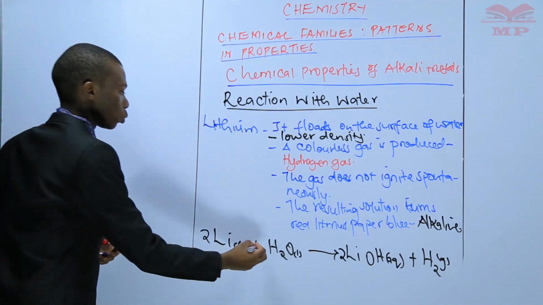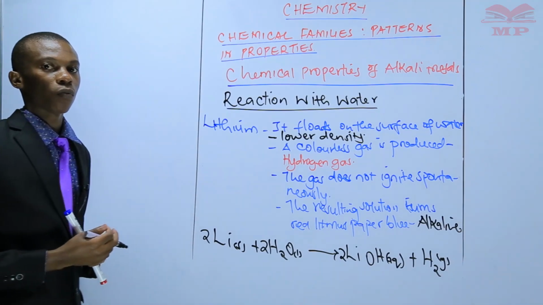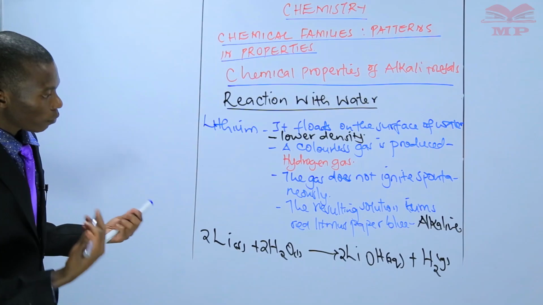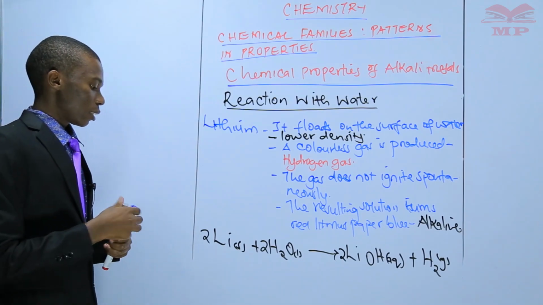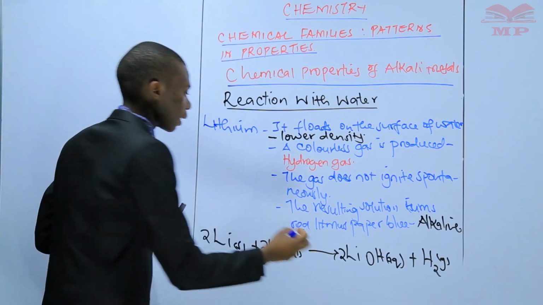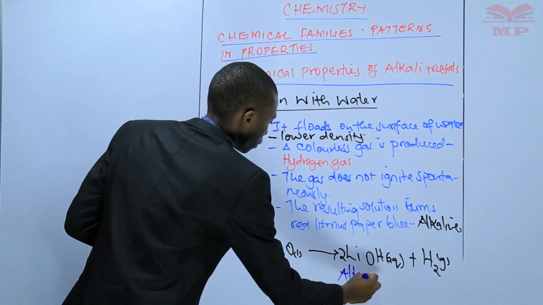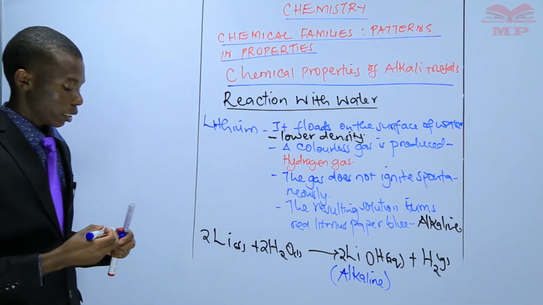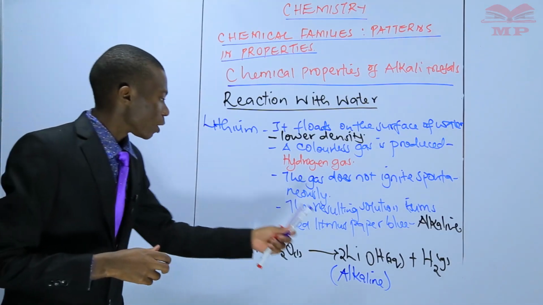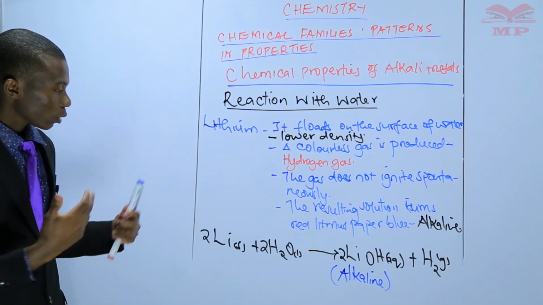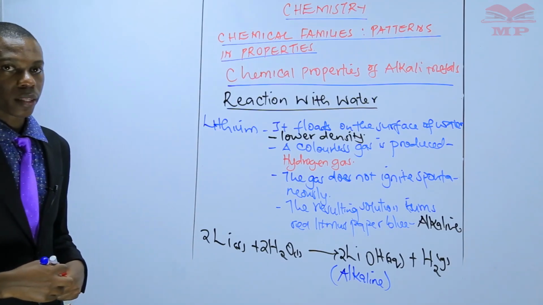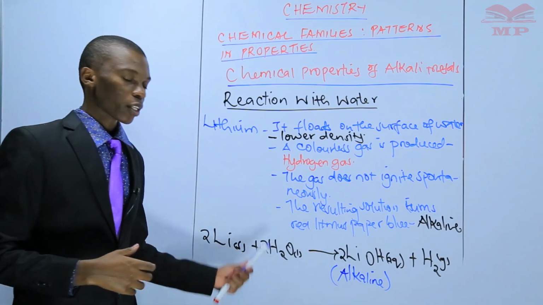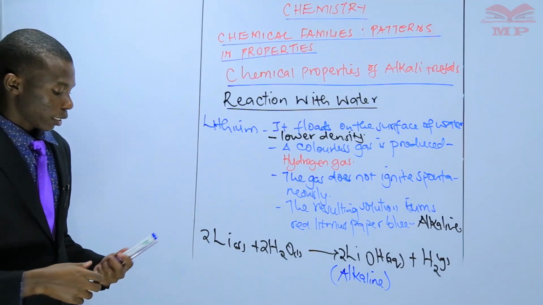Then again, we need another 2 so that we can balance the number of hydrogen atoms on both sides. Therefore, the equation is balanced. This is what we are calling an alkaline solution. Lithium hydroxide is alkaline, and therefore it turns a red litmus paper blue. That is what happens when lithium reacts with water. And this is the equation to show the reaction between lithium and water.